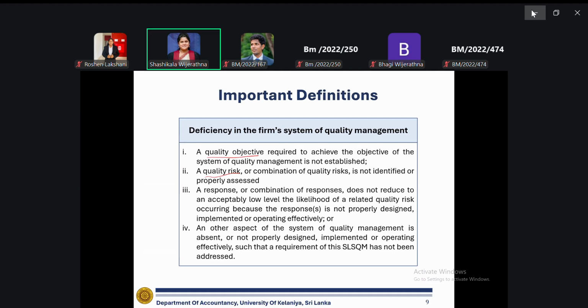We said that there are different components within this system of quality management, and all the required aspects have not been implemented. We have not properly met all the requirements in this SLSQM. Okay, that is the last deficiency.